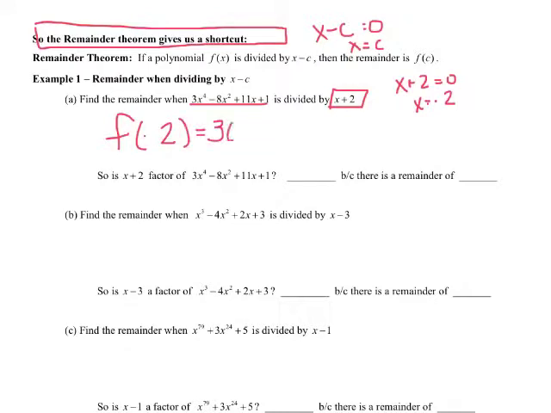So 3 times negative 2 to the 4th minus 8 times negative 2 squared plus 11 times negative 2 plus 1. All right, negative 2 to the 4th. If you don't know what that is, take a minute to pause the video and figure it out. You should find that that's 16. And we do still have that 3 here.